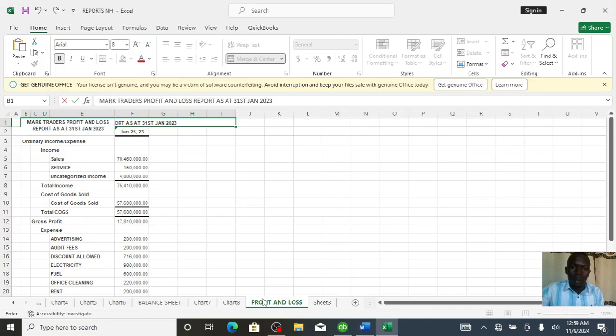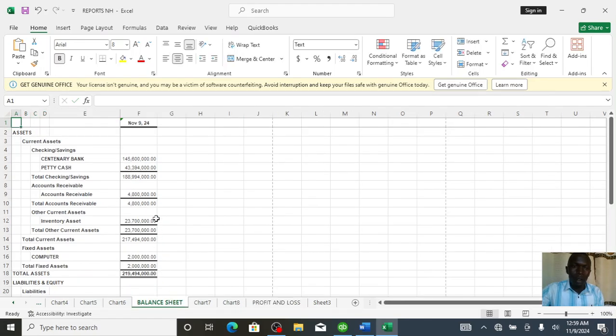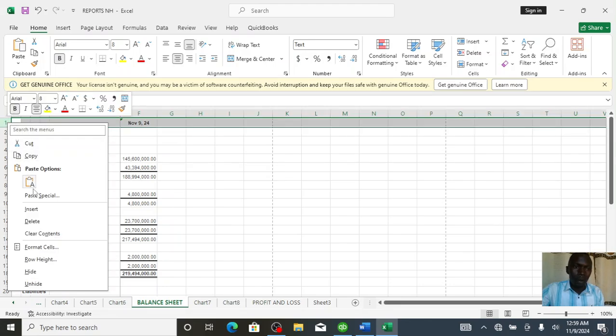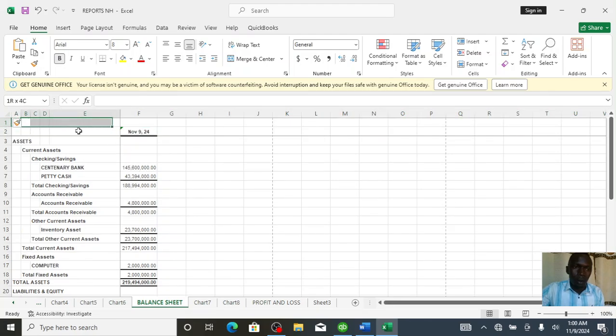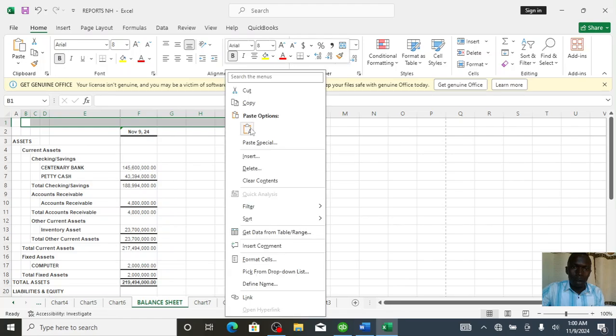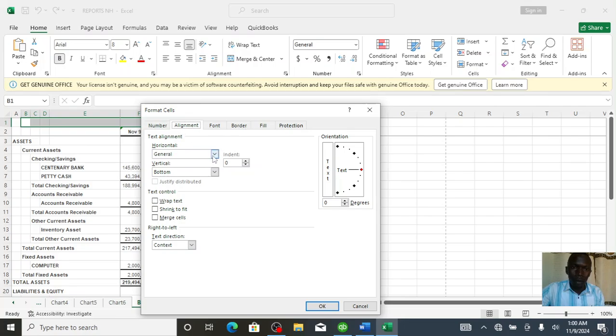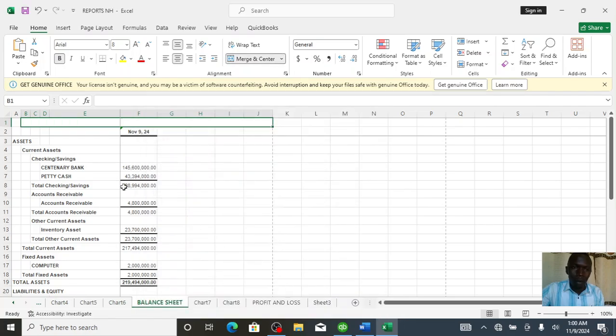We also go back to our balance sheet and we rename it. We insert the heading, insert, format cells, okay.